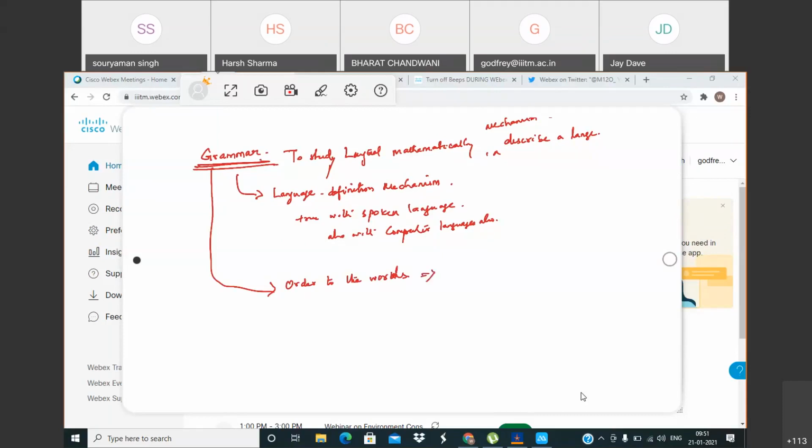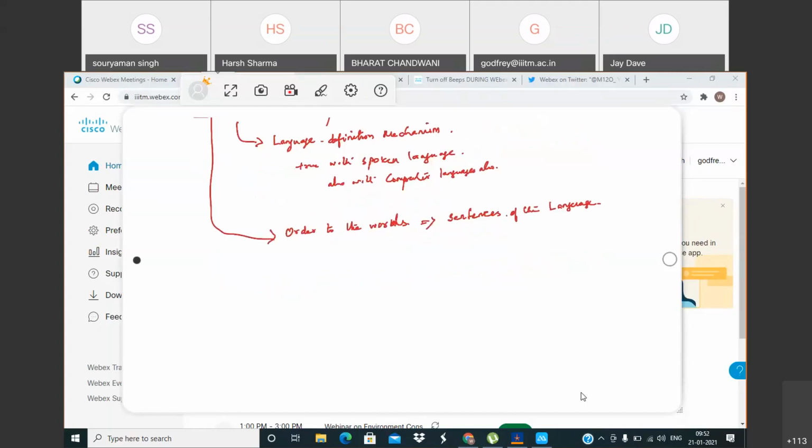So that these words together form sentences. That is the main goal of grammar in a spoken language.